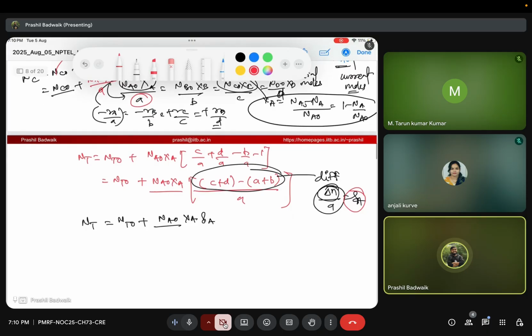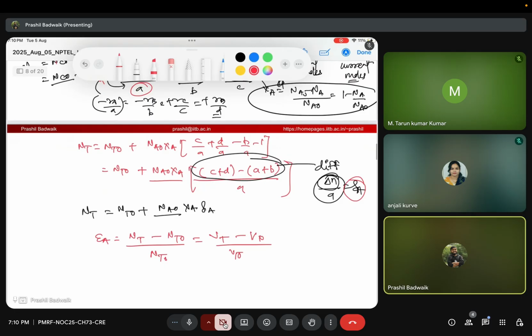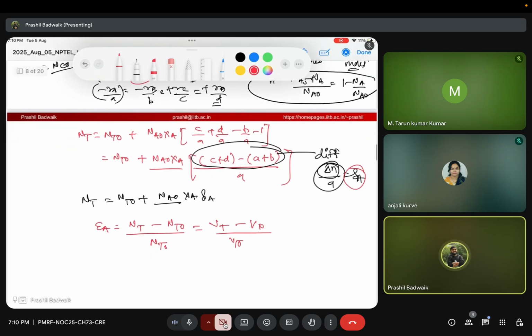So we had the formula epsilon a is equal to nt minus nt naught divided by nt naught, that is, volume at T minus volume at T naught divided by volume at T naught, right? So just substitute the value of nt here.